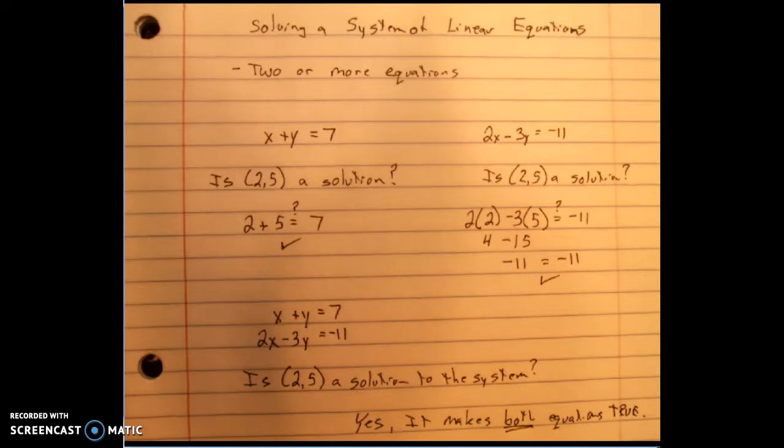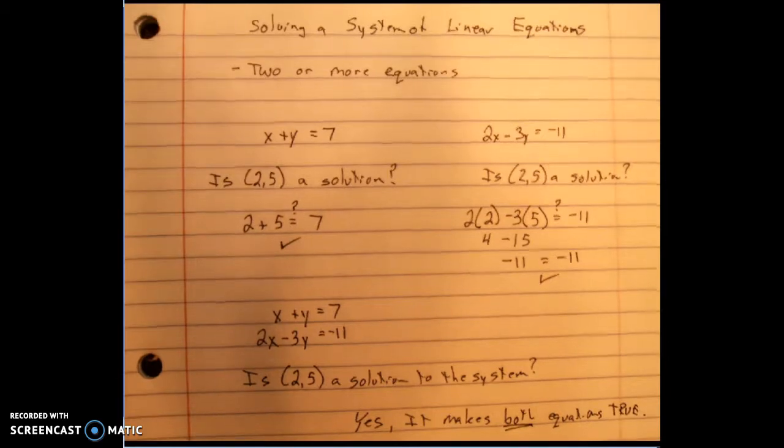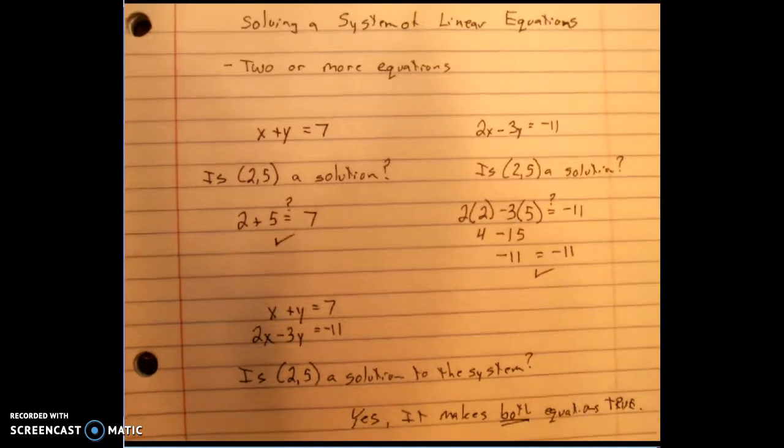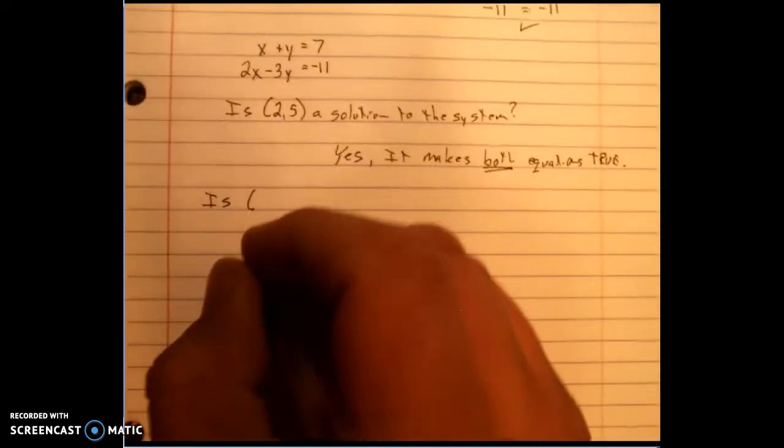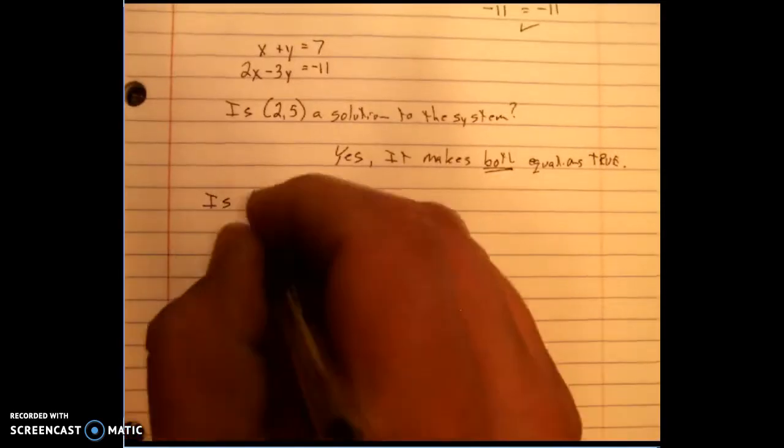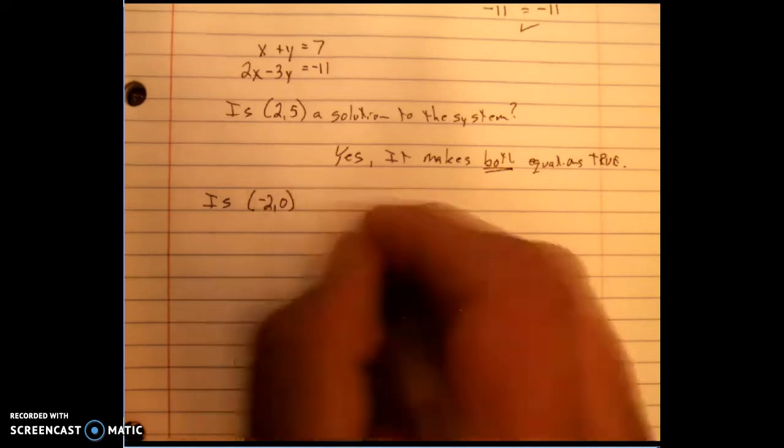All right, so the next thing I'd like you to look at is the point (-2, 0).